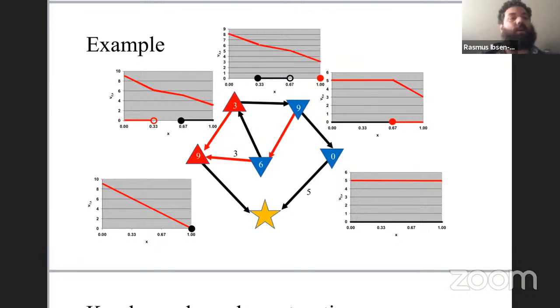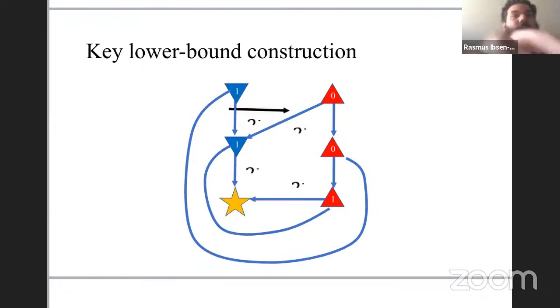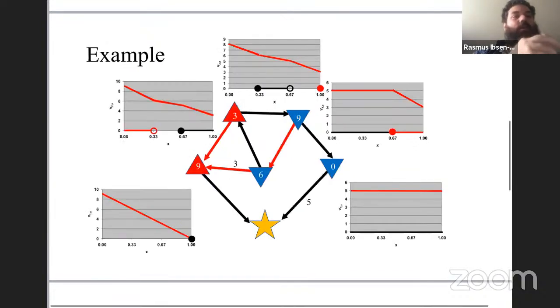And what we show is that we can generate a lower bound construction that ensures that we have exponentially many line pieces. And we then use that to make a PSPACE-hardness result.